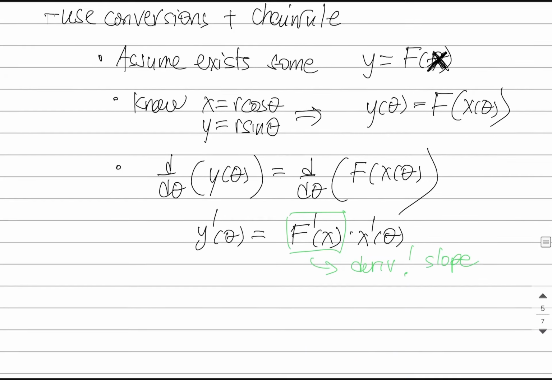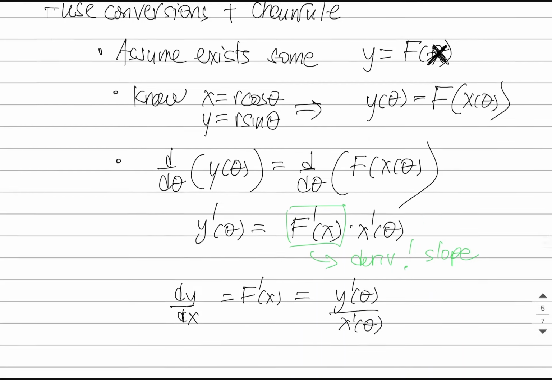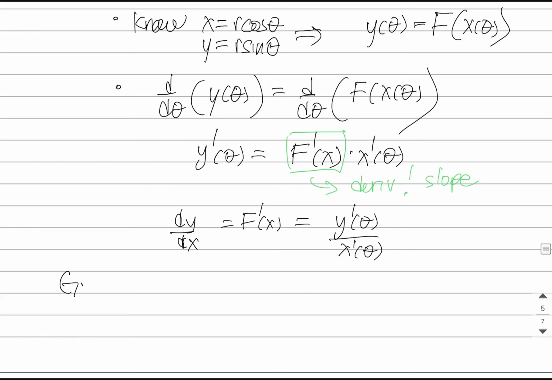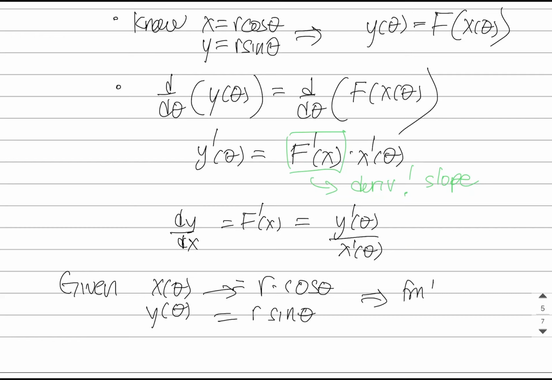So the dy/dx, which I'm calling this big f prime of x, is just going to be y prime of theta divided by x prime of theta. So it's very, very easy. If you are given x of theta and y of theta, which you can always find as r cos theta and r sine theta, then you can find slope.